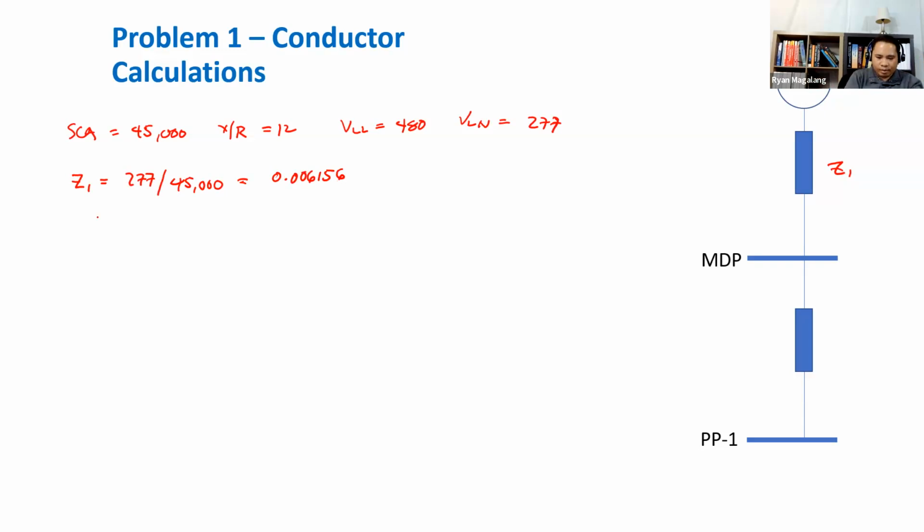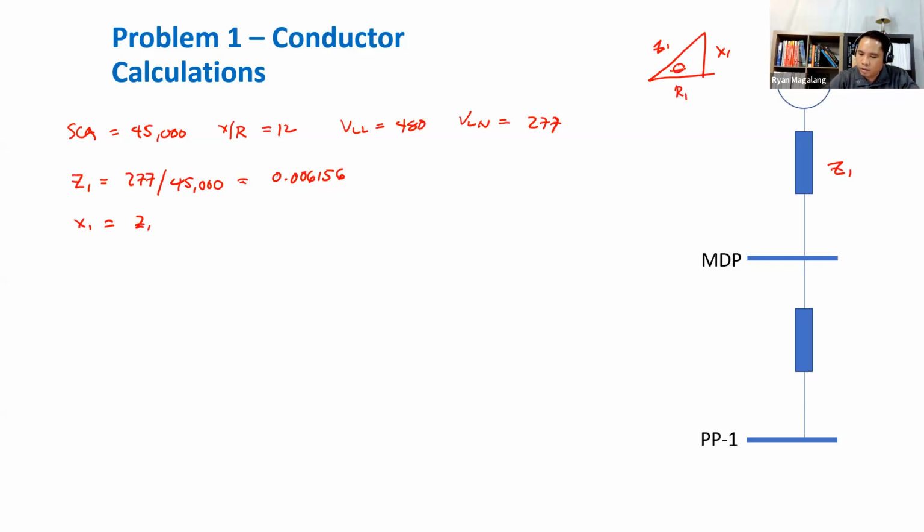We'll get our X1, which is essentially equal to Z1. Again, our triangle here tells us that this is your Z1, that's your X1, and this is your R1, right?